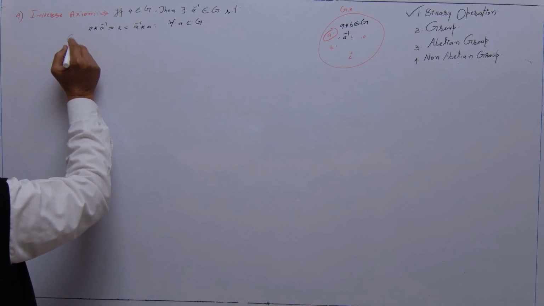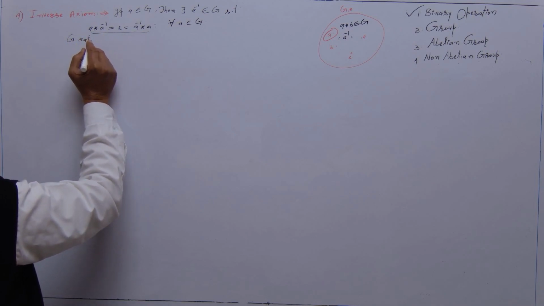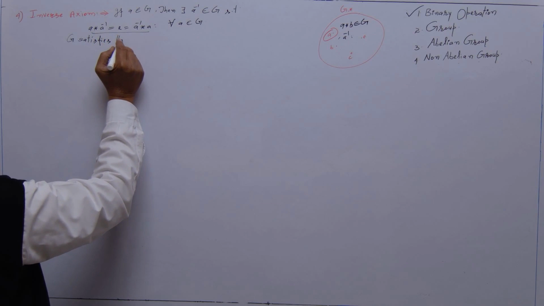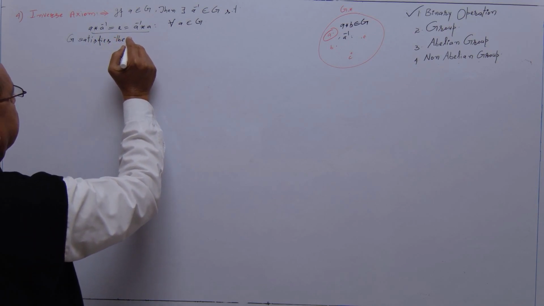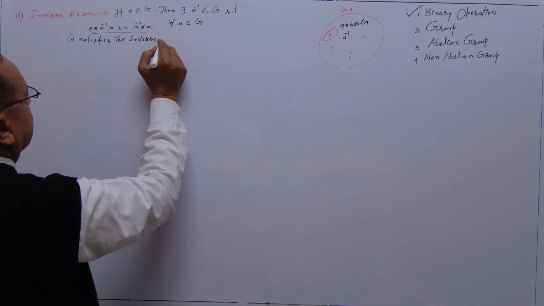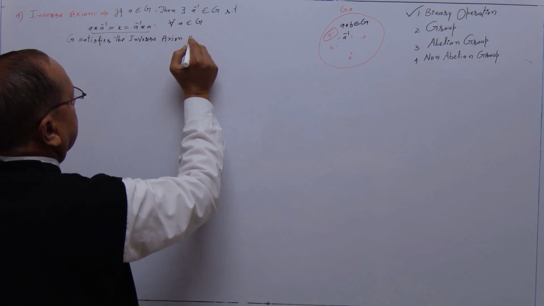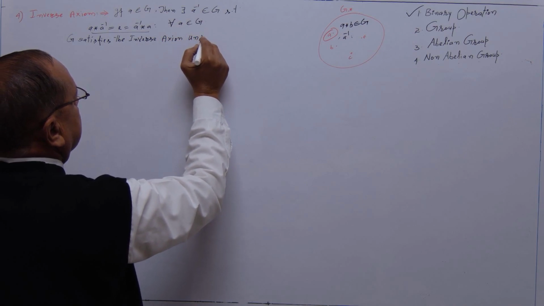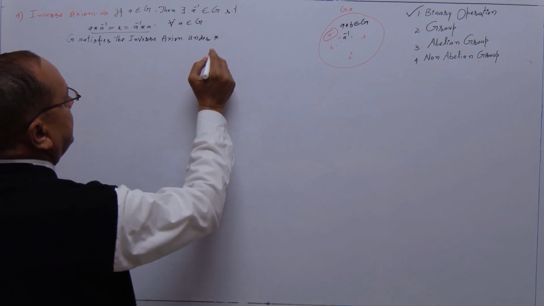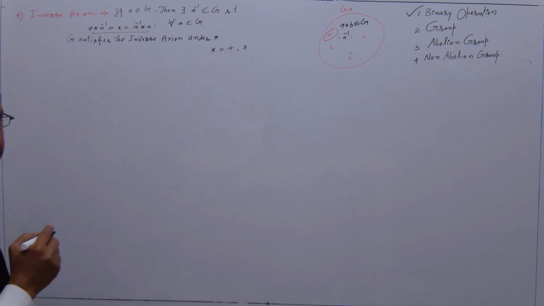Then this G satisfies the inverse axiom under star, with respect to the binary relation star, and this binary relation star may be addition or multiplication.